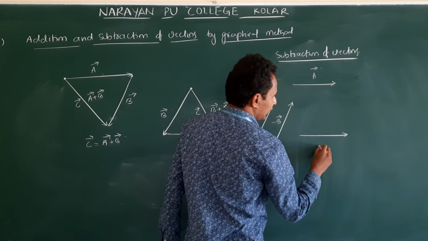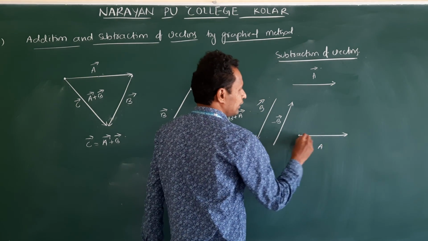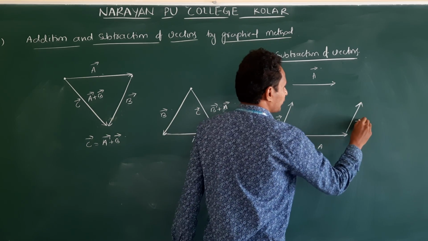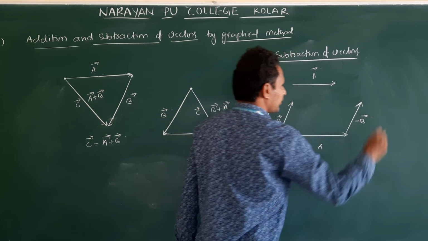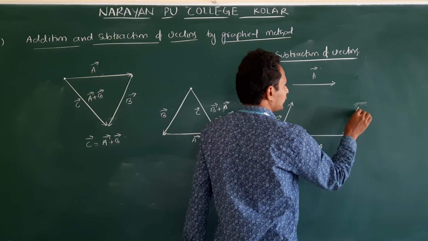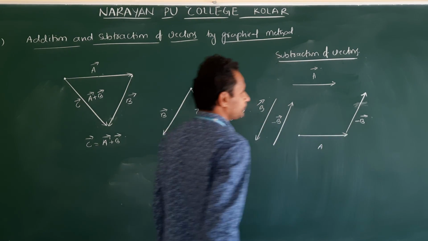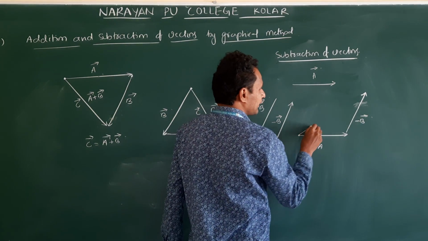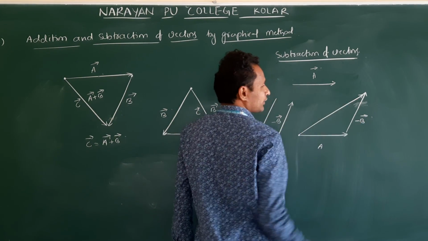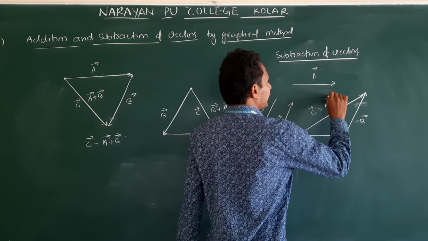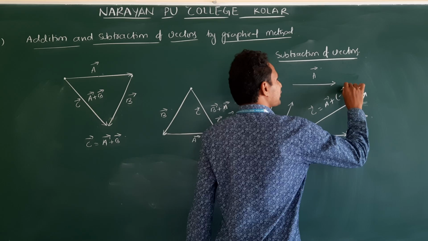This is vector A, tail, head, and this is minus B. Clear? Now head to tail, then closing side. If you take this as C, see how we write: A plus minus B.